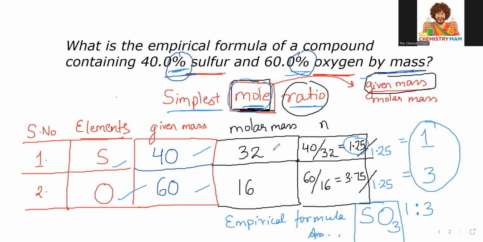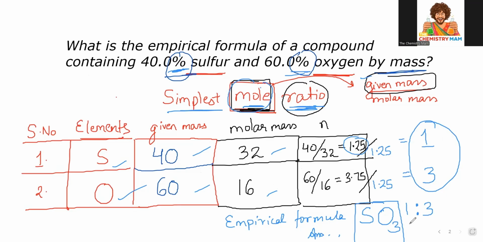Then I divided them by their respective molar masses. I calculated the moles. I calculated the ratio by dividing the moles by the smallest number of moles calculated, and then simplifying it. So I just got the simplified version as 1 is to 3. So my empirical formula is SO3.